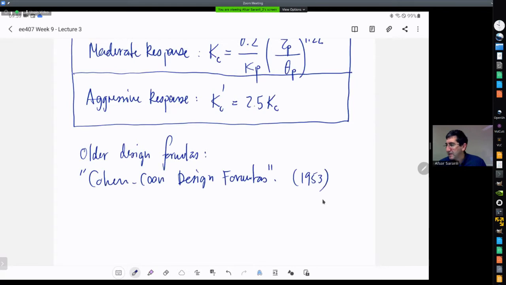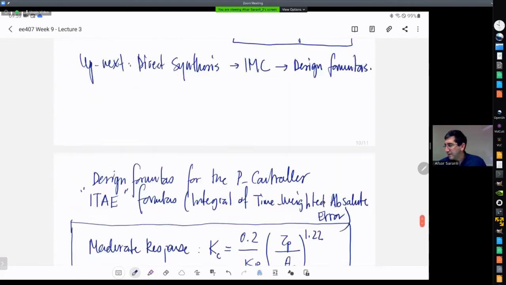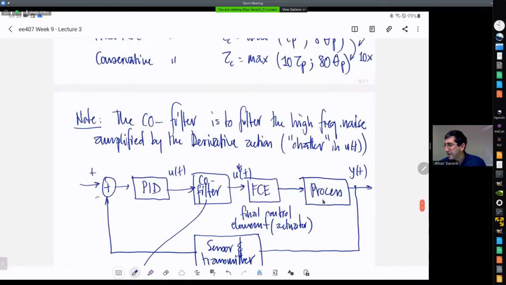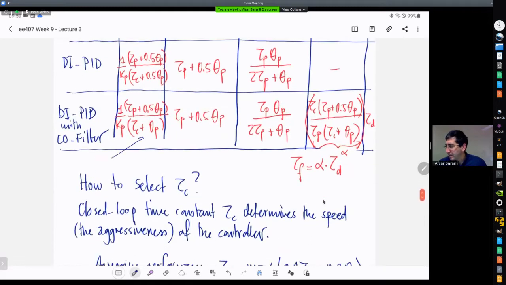We will in fact discuss the derivation of these so-called IMC based design formulas, newer design formulas. Okay, so these have been developed around 1989. Those are the ones whose derivation we will discuss, based on something called direct design and internal model control based design. So these are much more recent than Cohen-Coon design formulas.